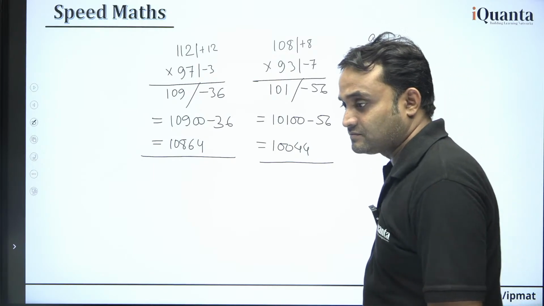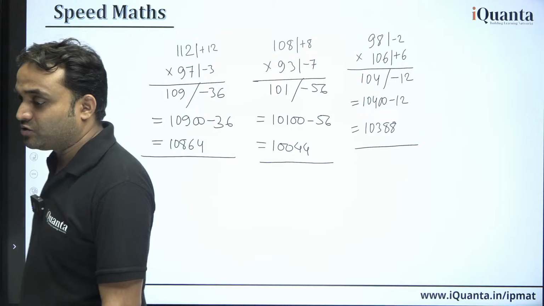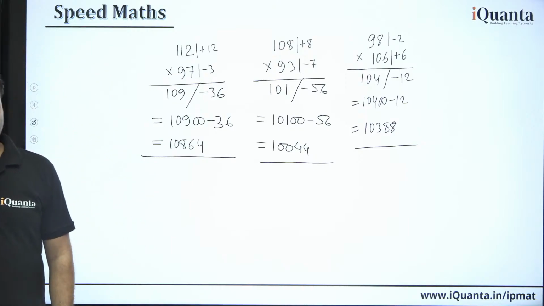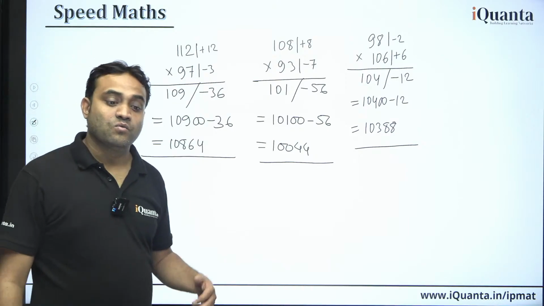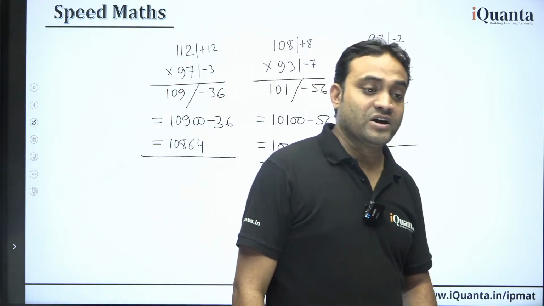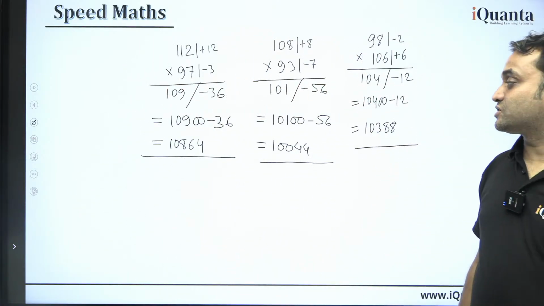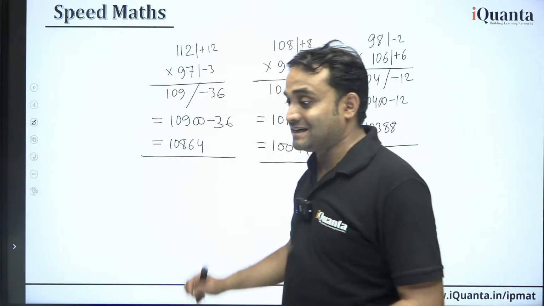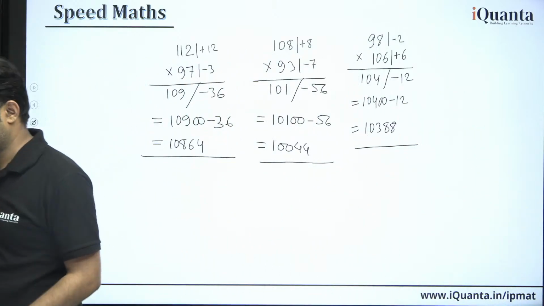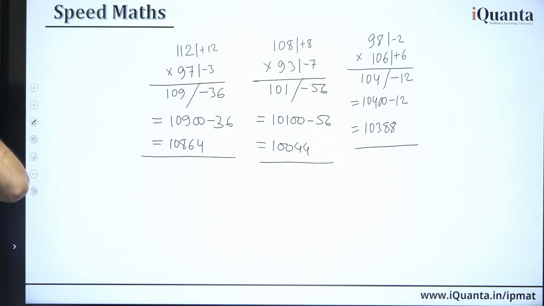Okay. This is how we do calculation when one number is bigger than 100, one number is less than 100. Now, in this case, we don't have anything to think about whether the product is single digit or 2 digit or 3 digit. All of these will be handled by the same method.